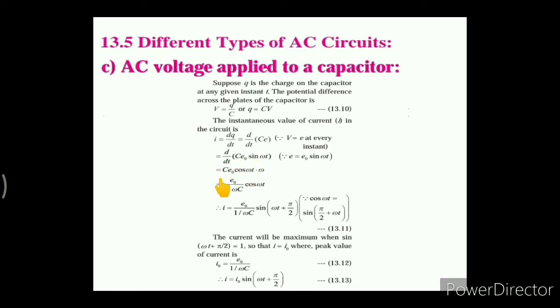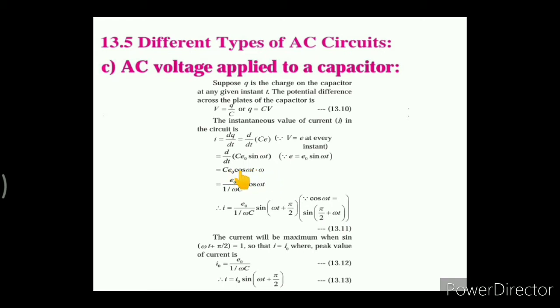So we are writing it as it is over here, where C is the capacitance of the capacitor and E0 is the peak value of the E there. So here we are going to take the derivative of sin omega t, and the derivative of sin omega t we are getting as cos omega t into omega.